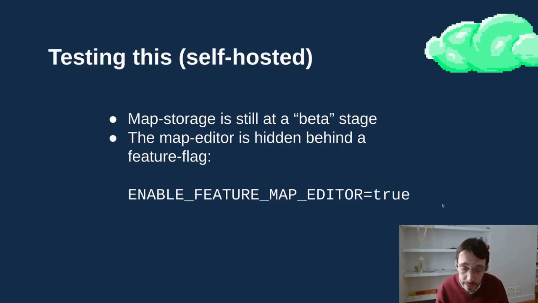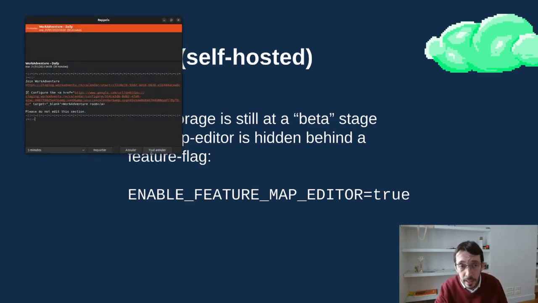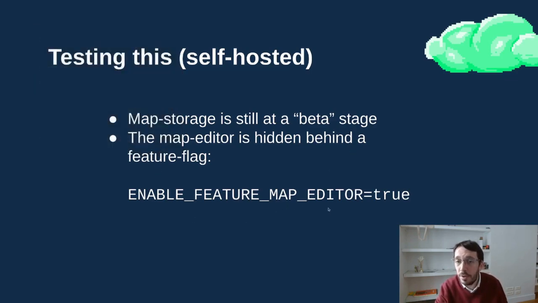Also, if you want to test this yourself with the self-hosted version, as I am speaking, we are at the end of January right now. The map storage is still at a beta stage. And so the map editor is hidden behind the feature flag, which is enable feature map editor. So you need to set this value to true to be able to access the map storage. For our SaaS users, there will be an open beta also.